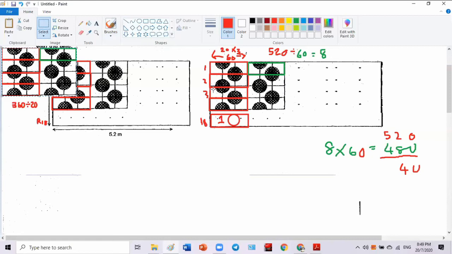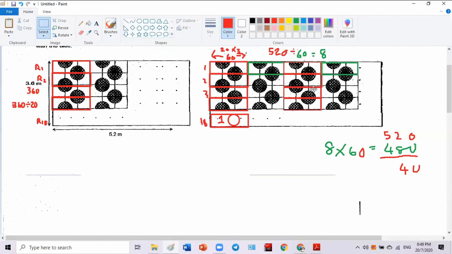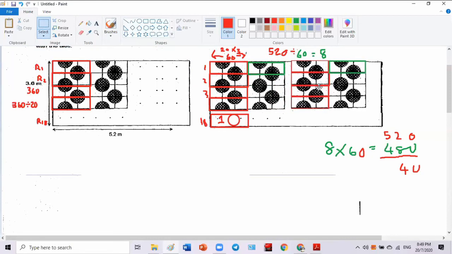If I were to go all the way, I will have 8 sets, right? 8 sets, like column 1, column 2, up to column 7, column 8. Do you understand?